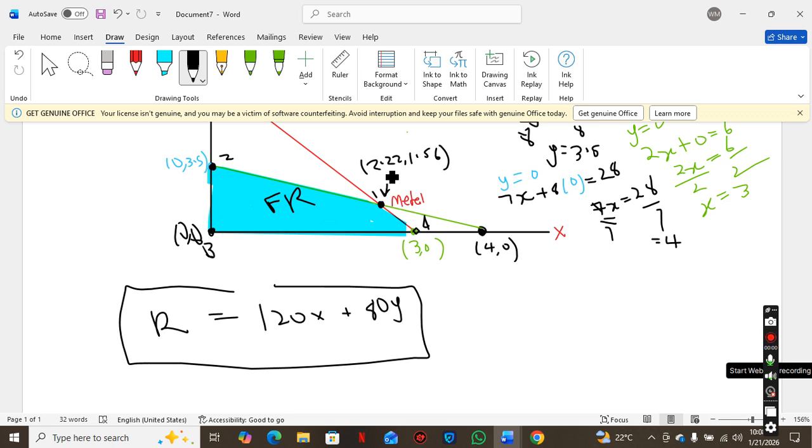So if you use this point 2.22 and 1.56, you put it in our equation here: 120, where there's x, replace it with 2.22, plus 80y, which is 1.56.